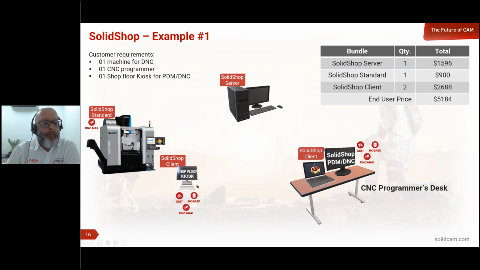Okay, SolidShop standard is the license that we would have to provide DNC capabilities for the machine. And then we have SolidShop client, where we can have the editor with the PDM and DNC. And then also the same for the CNC programmer. So that's why we have two clients here.